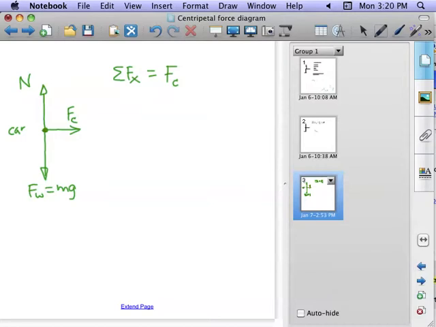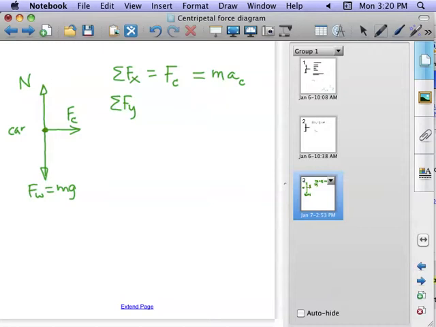Now since the car is going to be accelerating in that direction, it is going to have to be equal to the mass times the centripetal acceleration. Now the other one would be the summation of F sub y.